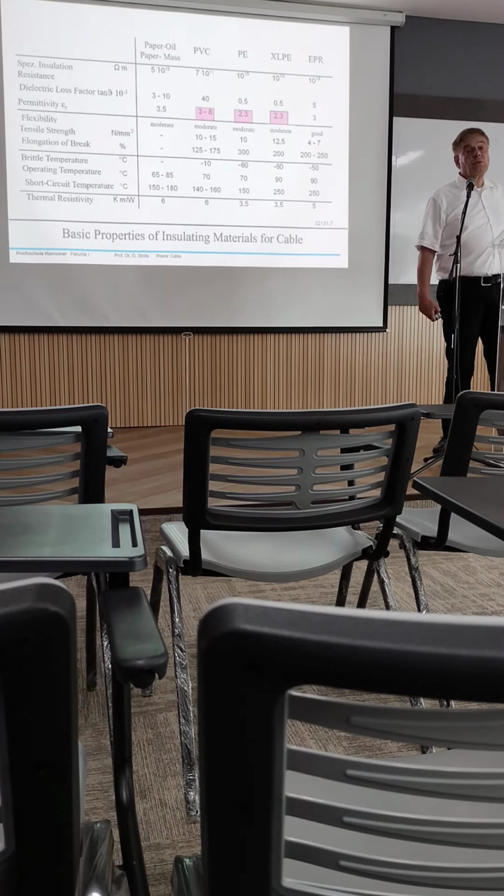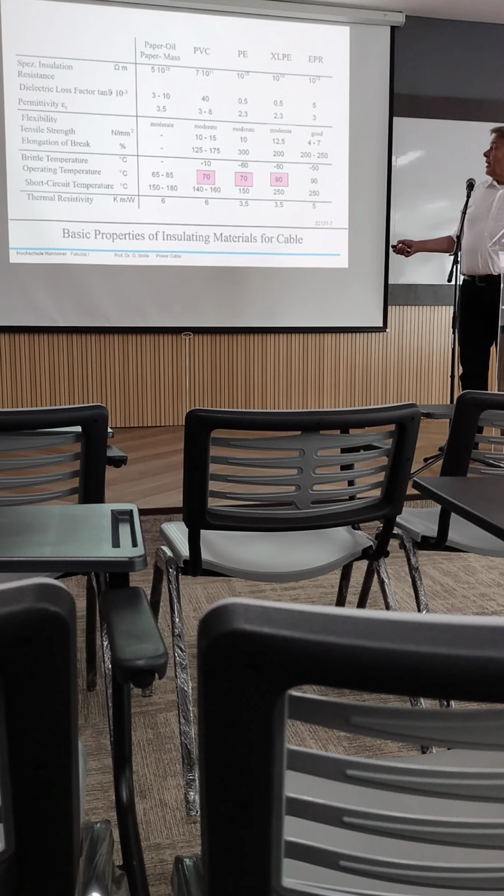Just for the 400 volt, PVC is fine because it's very cheap. But for higher voltages, you cannot use PVC, even due to these values.